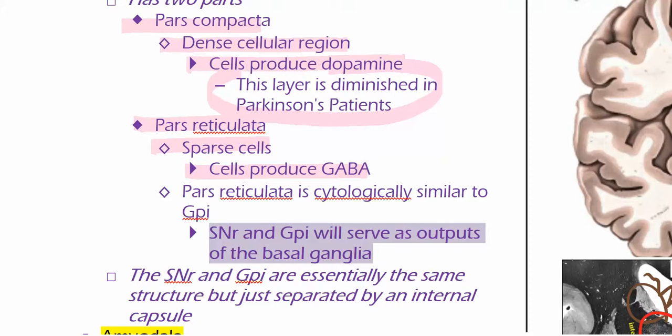The globus pallidus and the substantia nigra. Globus pallidus what? Internal. Okay, and the substantia nigra, reticulata. That's right. So it will inhibit those guys. Now what do you think those guys are going to do to whatever else they're connecting to? Internally inhibit that. Exactly. We'll see it again. We're just trying to make early connections before we actually get there.